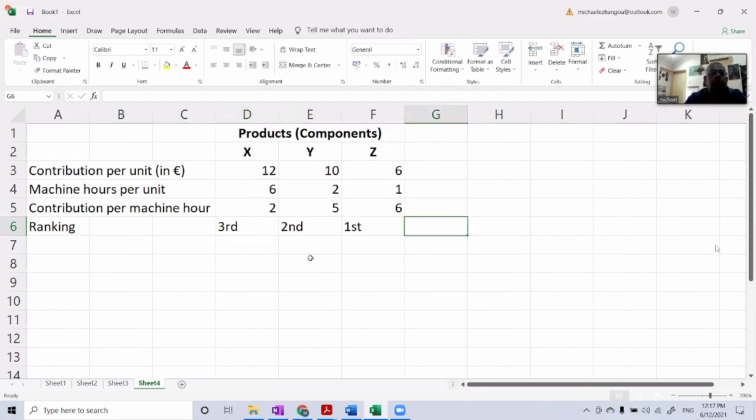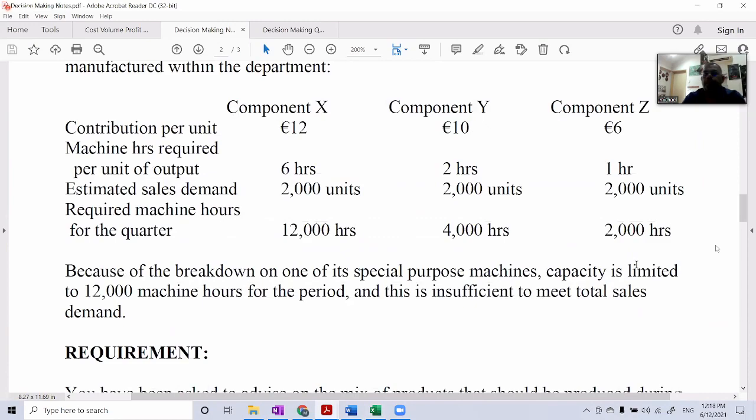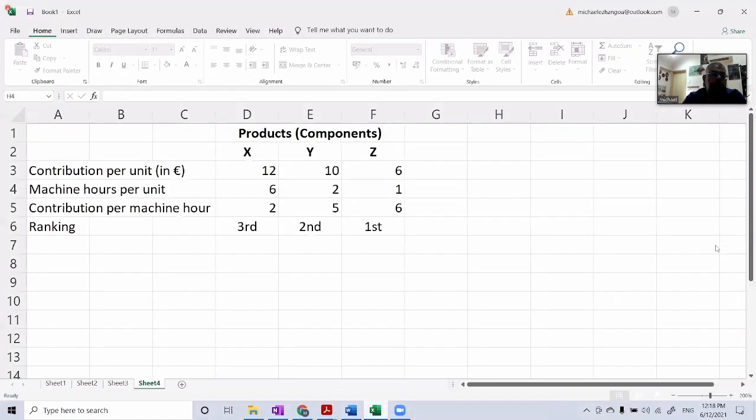So can you follow that? Check my numbers are correct. 12 over 6 is 2, 10 over 2 is 5, 6 over 1 is 6.